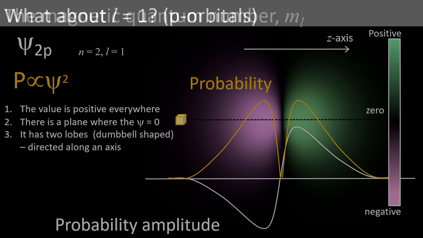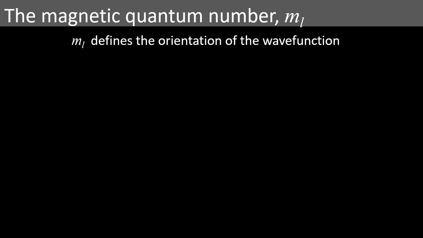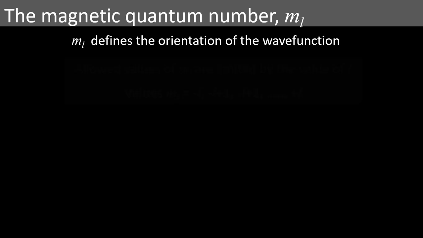Time to introduce the third quantum number. Known as the magnetic quantum number, m subscript L is strongly related to L, the angular momentum quantum number. Effectively, m subscript L defines the orientation of a wave function.